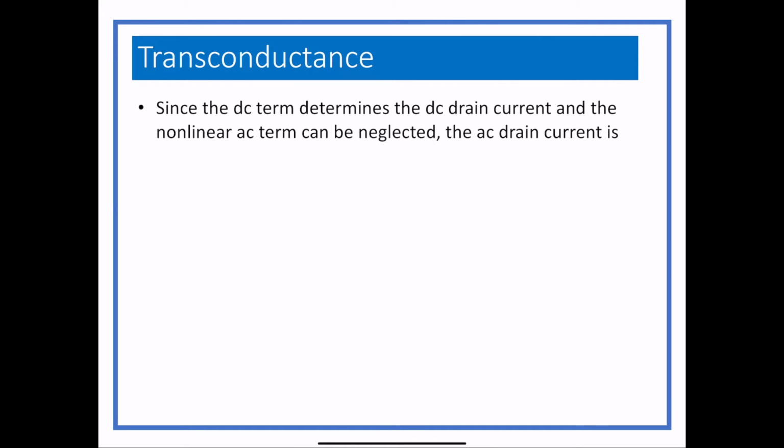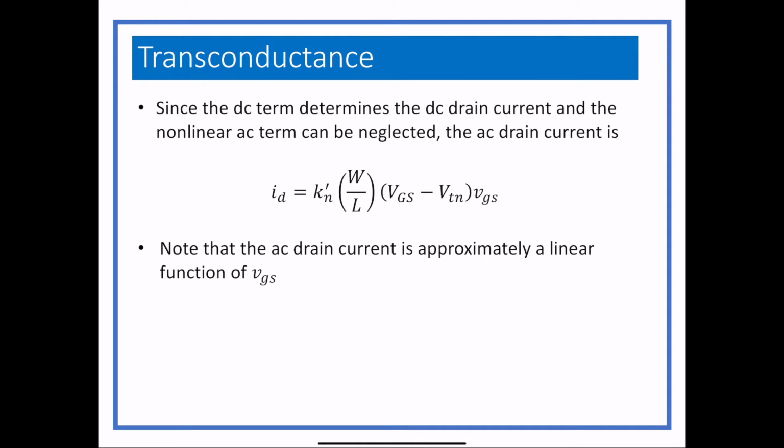So that's where that 2 goes. Don't get confused. The 2 goes away when you're doing the AC analysis. And that is the equation that gives you the AC current. And the cool thing is that the AC drain current is pretty much a linear function of little vgs. So that makes it not so terrible.